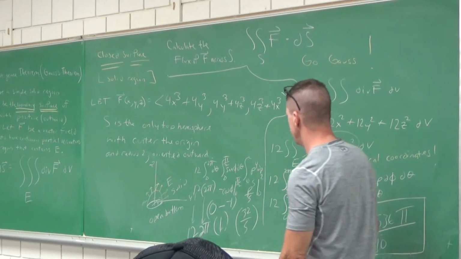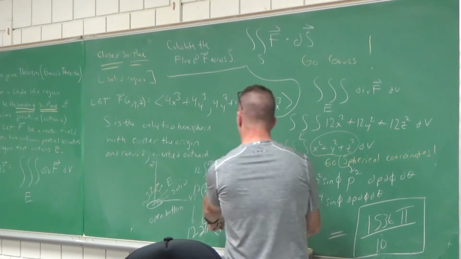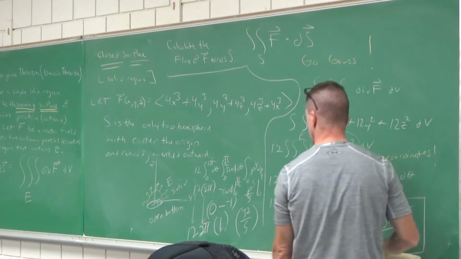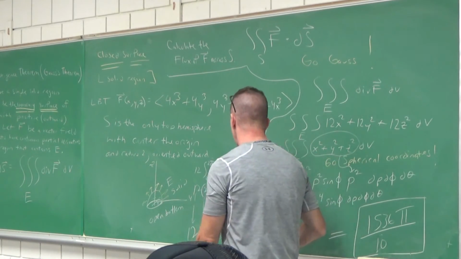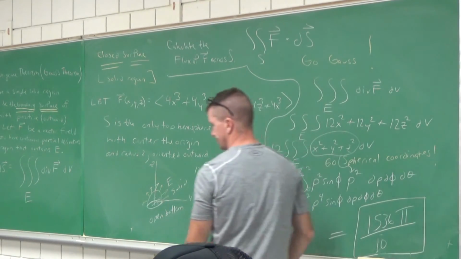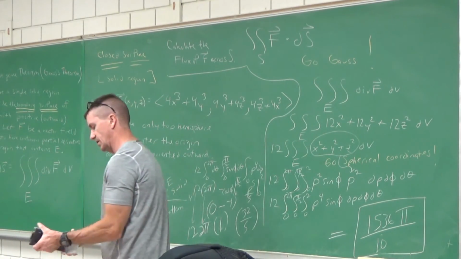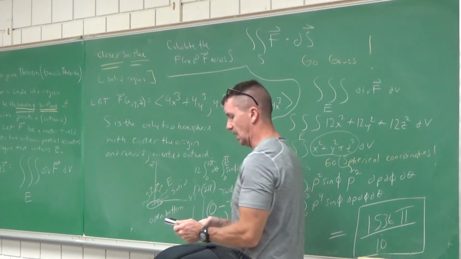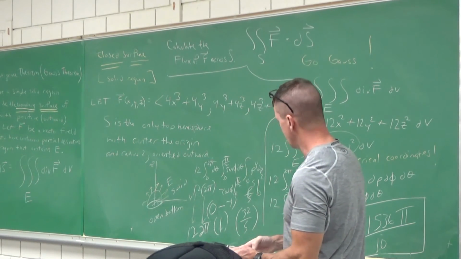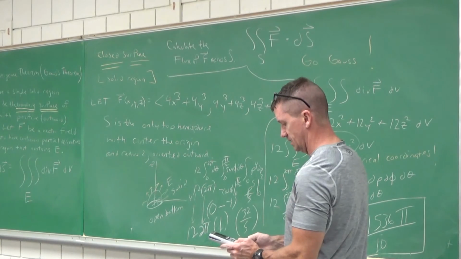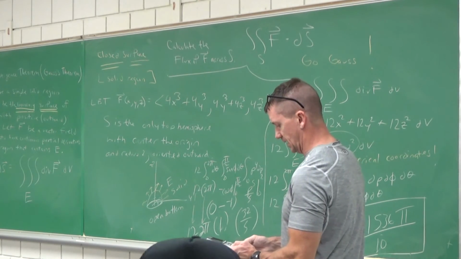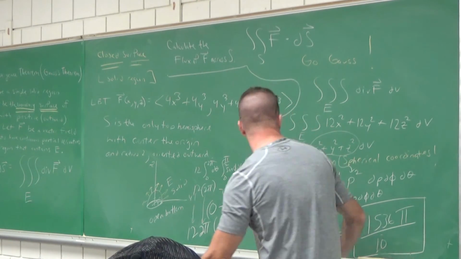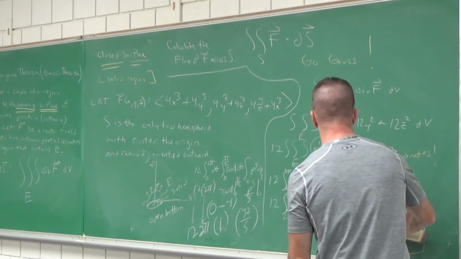Okay. Or what would that be? What's 12 times 2 times 32? Let me write it that way, everyone, so it's not simplified: 12 times 2 times 32, 768 pi over 5.